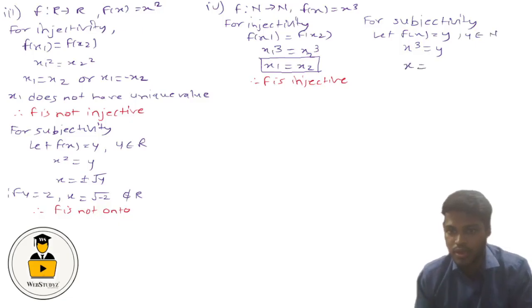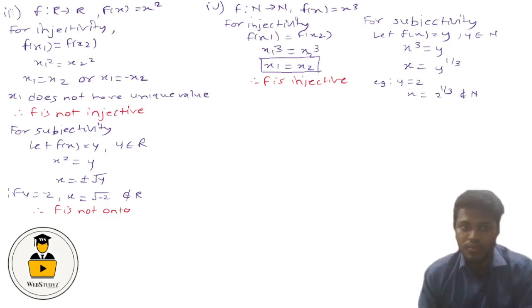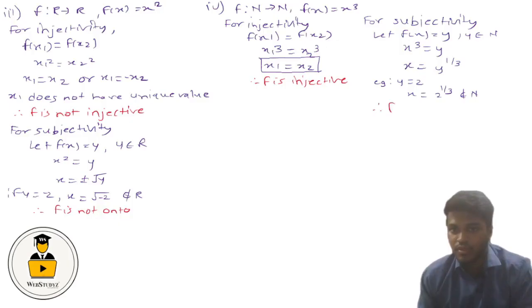So from here, x will be equal to y raised to 1 upon 3. Now, since y belongs to natural numbers, let us take, for example, y equals 2, x will be 2 raised to 1 upon 3. But this value does not belong to natural numbers. So therefore, f is not surjective.